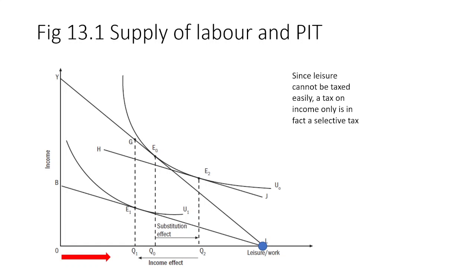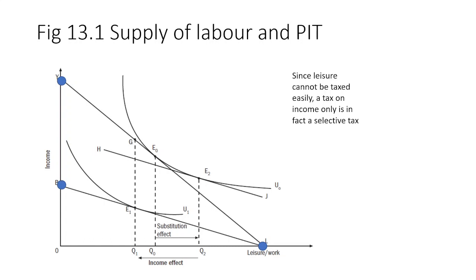While if the person works 18 hours, then the potential income is the whole vertical axis up to the blue dot on the vertical axis. So the more you work, the more income you can get. And the slope of that budget line between the blue dots is the wage rate, if there's a constant wage rate.